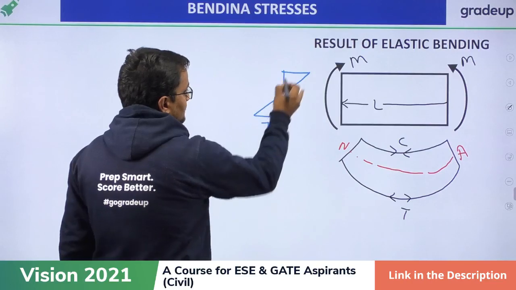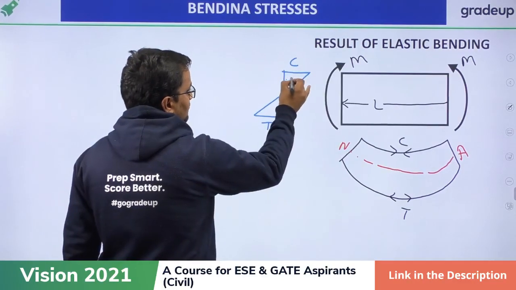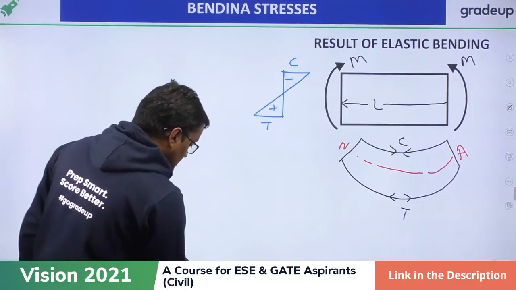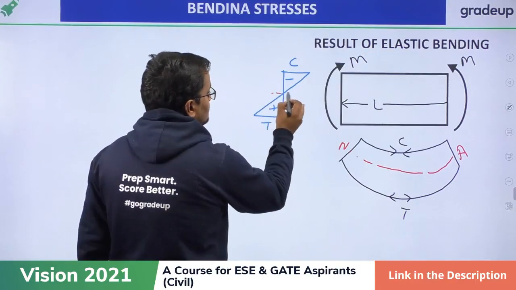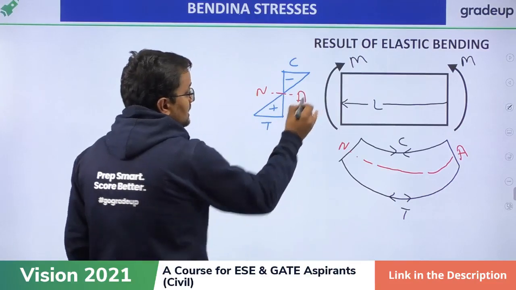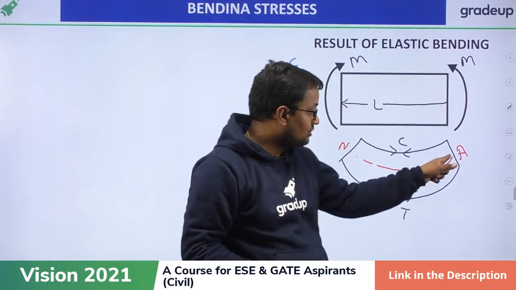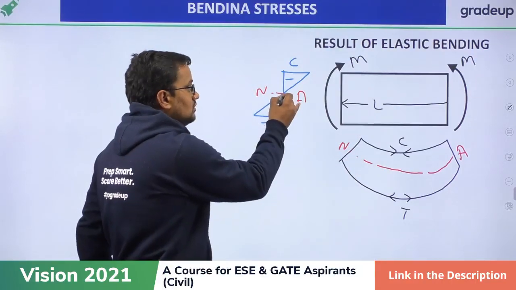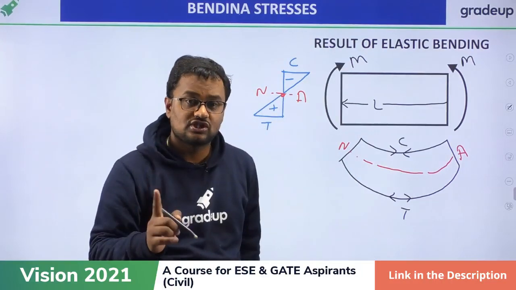This will be tension, this will be compression. Suppose I write compression with minus and tension with plus, and this is the section where there is no stress, the neutral axis. Length is still L, no compression, no tension, therefore stress is 0. Since no strain, therefore stress is 0.